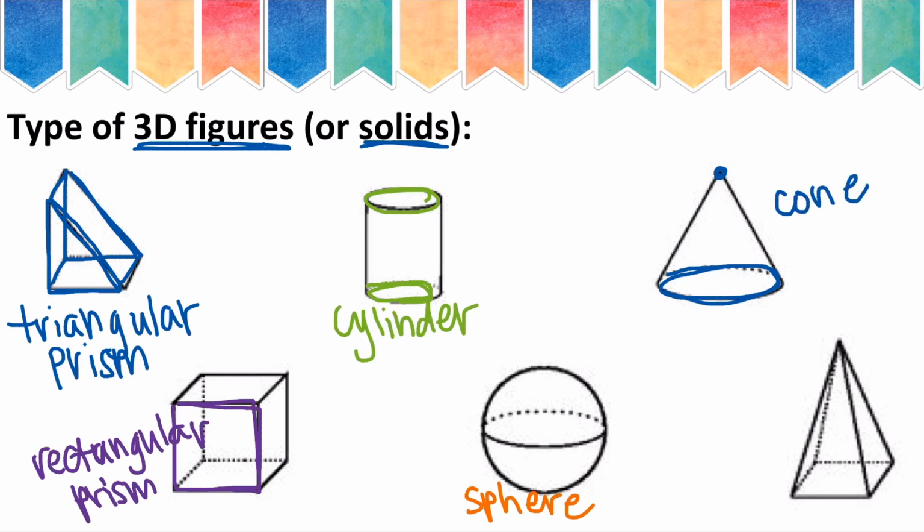And the last one, when it's a rectangle on the bottom and a point on the top, is called a pyramid. And for all of these 3D figures, we can calculate their volume, or we can calculate how much stuff we could put on the inside of that shape.